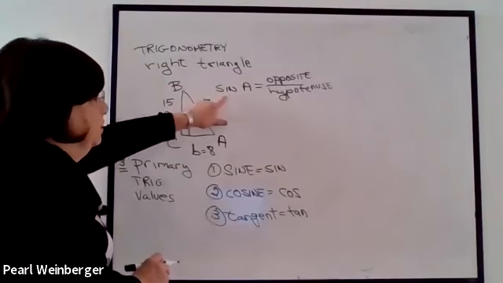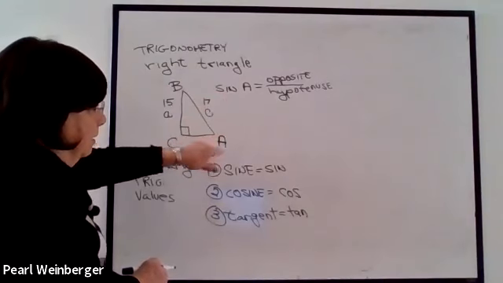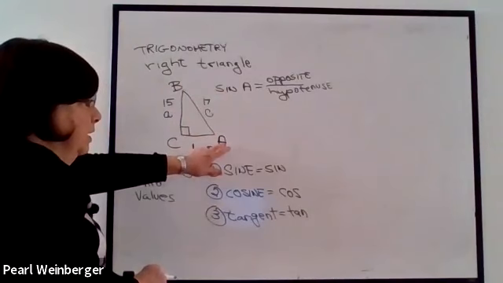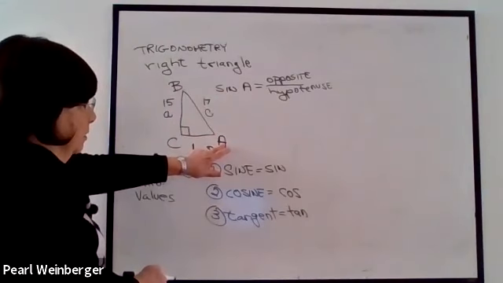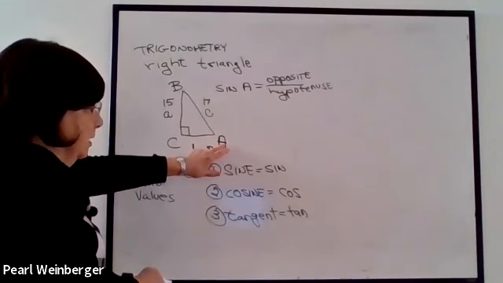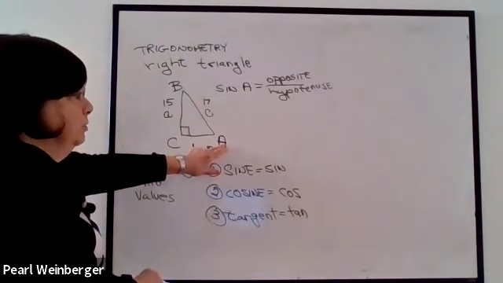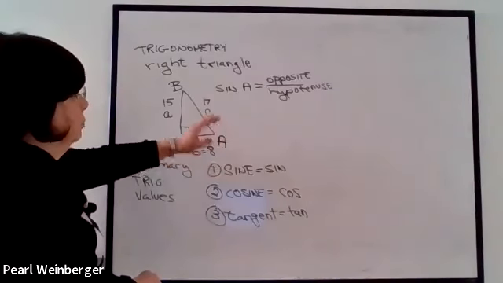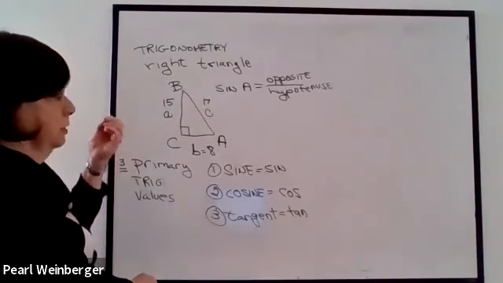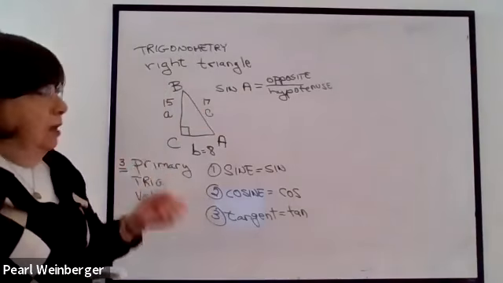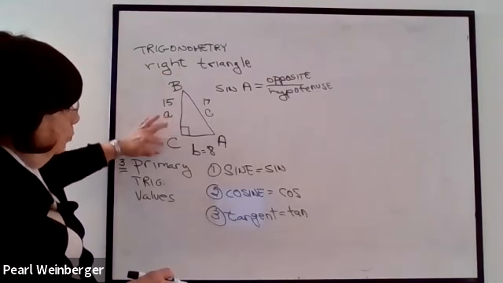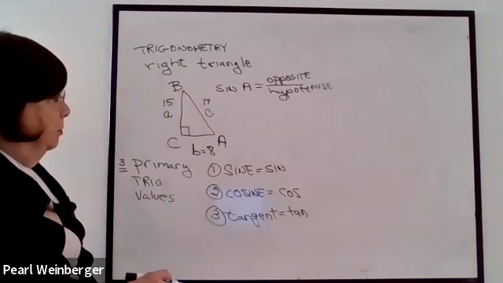Now, if I want to find the sine of A, I locate angle A, which is right here. If I look at angle A, there's one side that's going to be called the opposite side, and one side that's going to be called the adjacent side. And of course, there's one side that's going to be called the hypotenuse. In a right triangle, we always know the hypotenuse is the one that's opposite or across from the right angle.